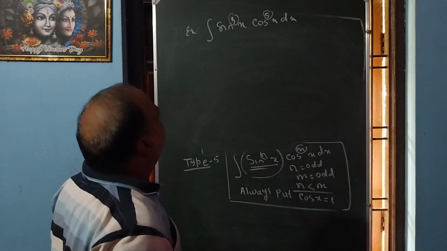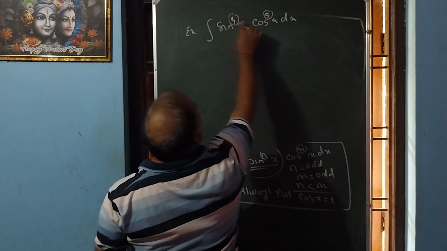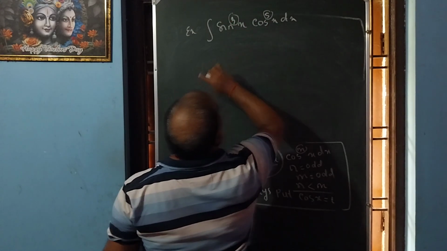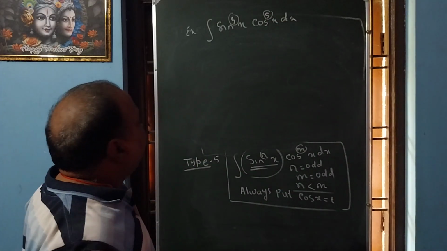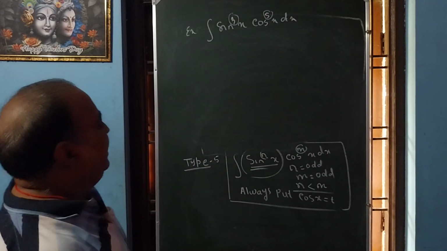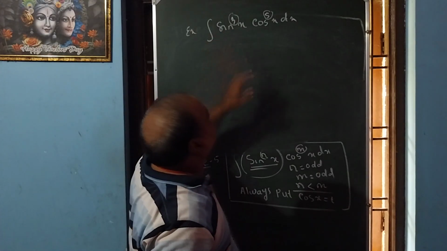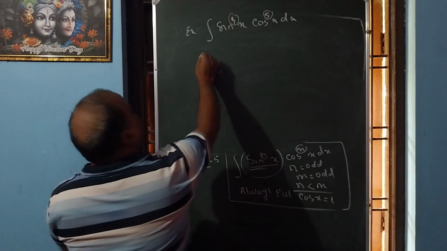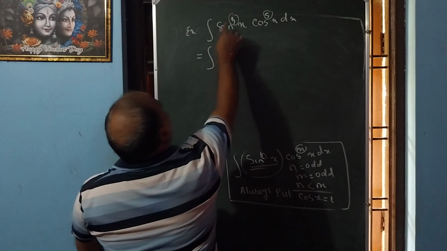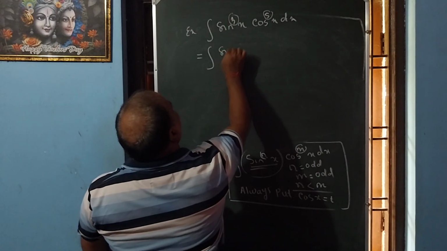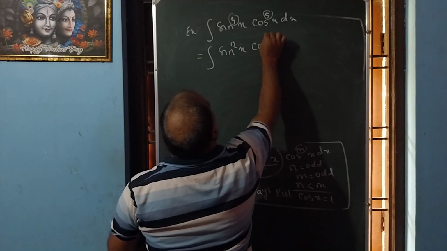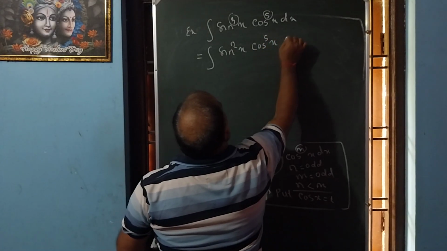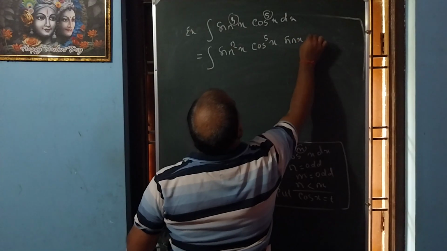Both are odd, but the power 3 is less than 5. So in this case, you have to break sin to the power 3 x as sin square x into cos to the power 5 x into sin x dx.